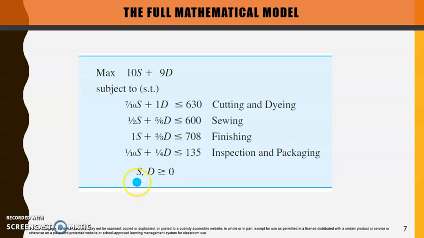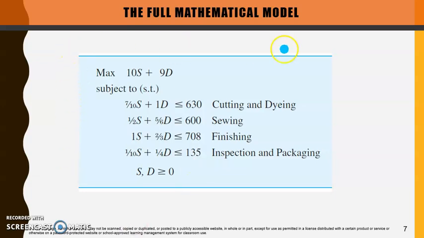So here it says that S, the number of standard bags produced, and D, the number of deluxe bags produced, should be positive numbers. All the problems that we discussed this semester must have this positivity constraint for all the variables.